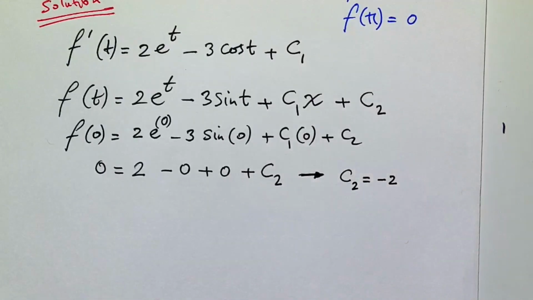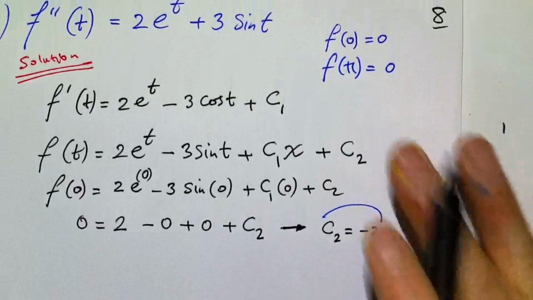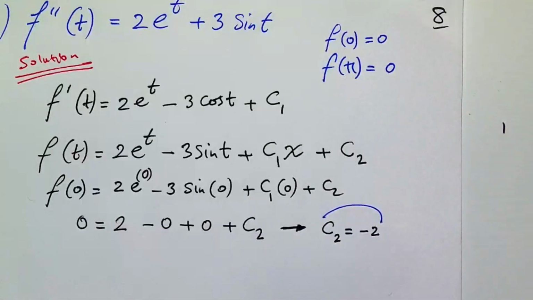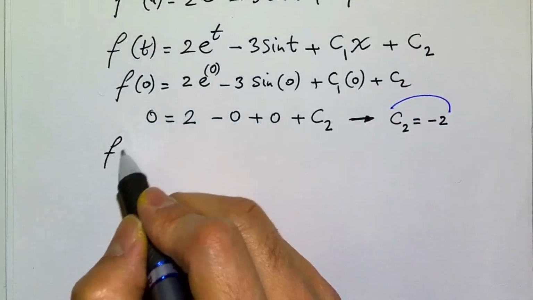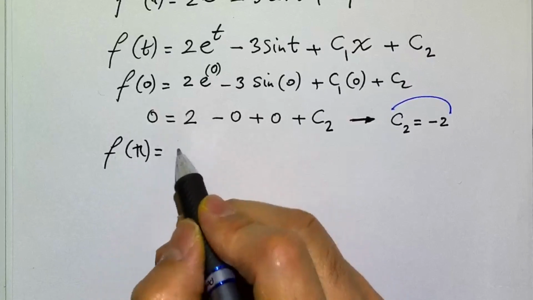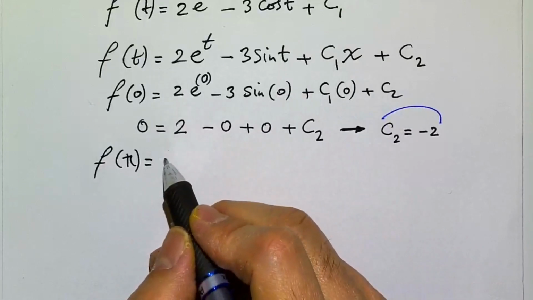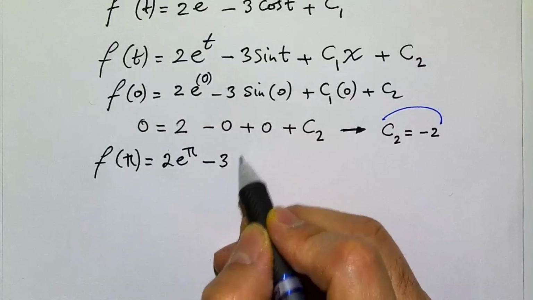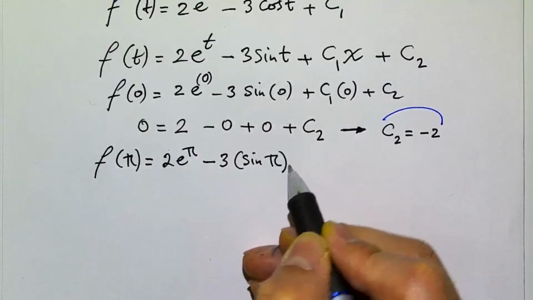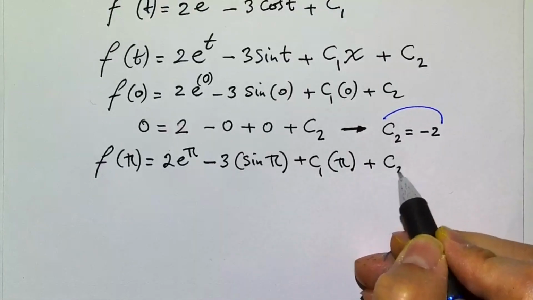Minus 2, right? So we have c2. Let's find c1. And of course we have an additional piece of information: f at pi is equal to 0. So f at pi, this is f right here, is 2e to pi minus 3 times sine of pi plus c1 times pi plus c2.